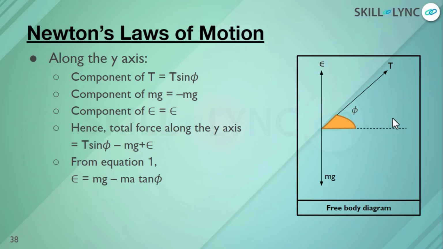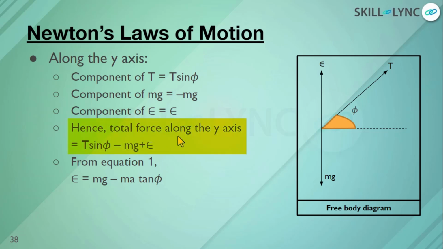The component of the force of gravitation, mg, would be minus mg. And the component of E would be E, since it is acting directly in the vertically upward direction.